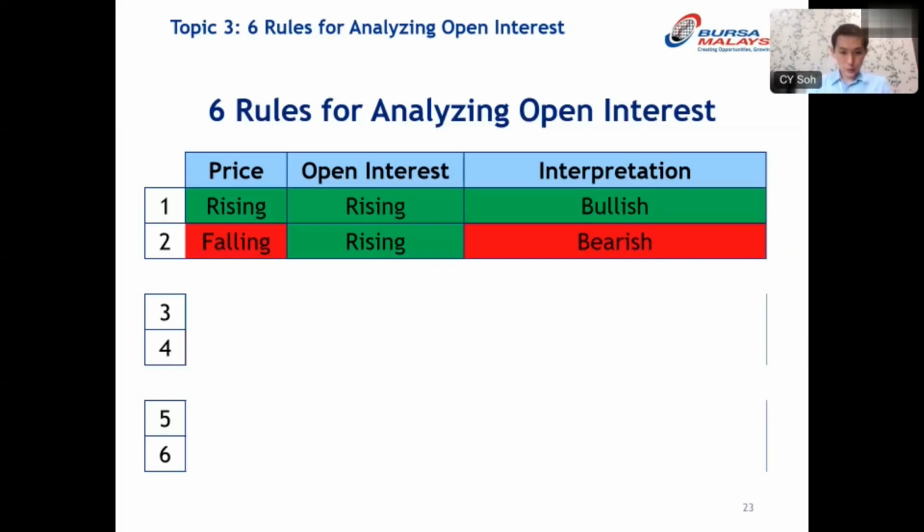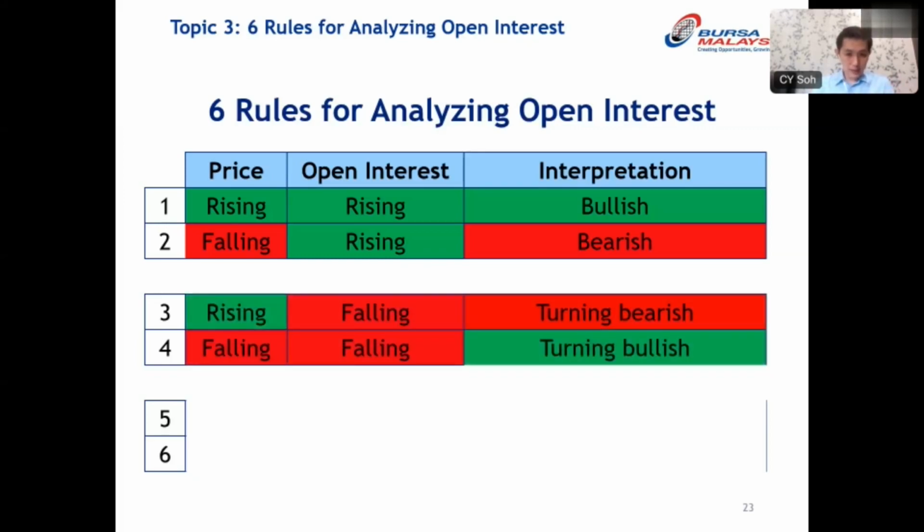Rule number 3: if price continues to go up, but open interest is reducing, this indicates that the market is beginning to turn bearish. In other words, market participants are starting to leave the market. The bulls are starting to leave, and the bears are starting to come in.